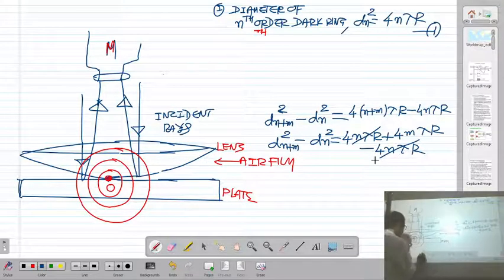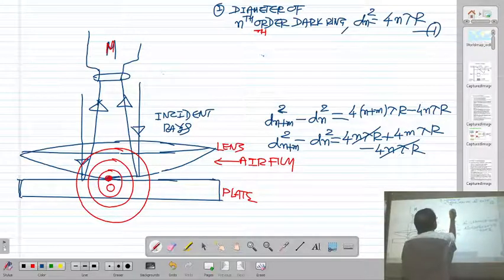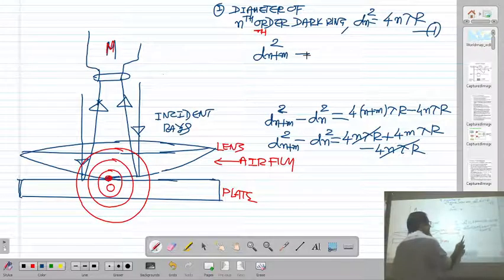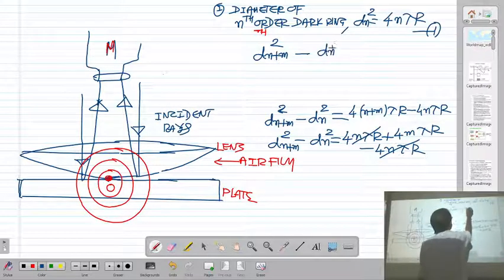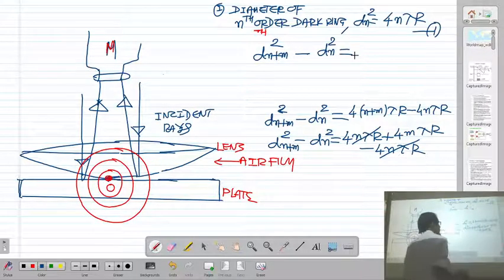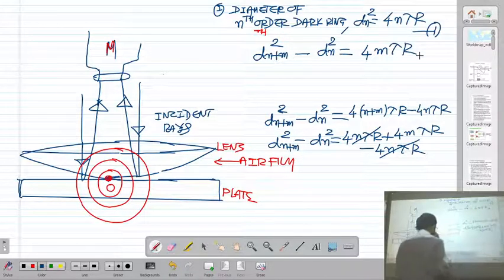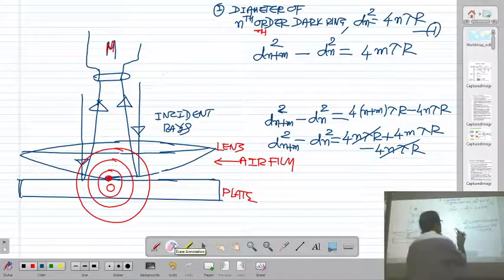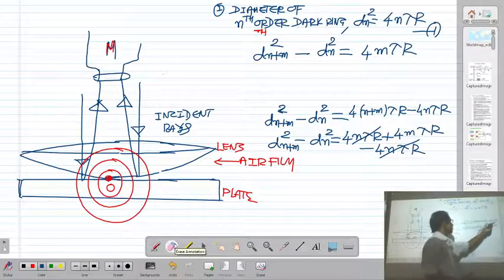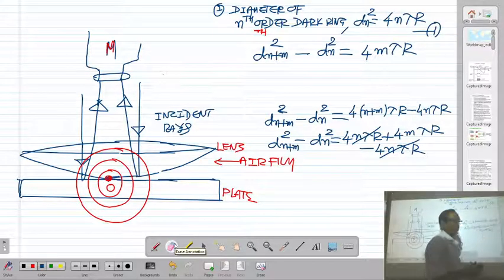Therefore we will get D n plus m square minus Dn square is equal to 4m lambda r.